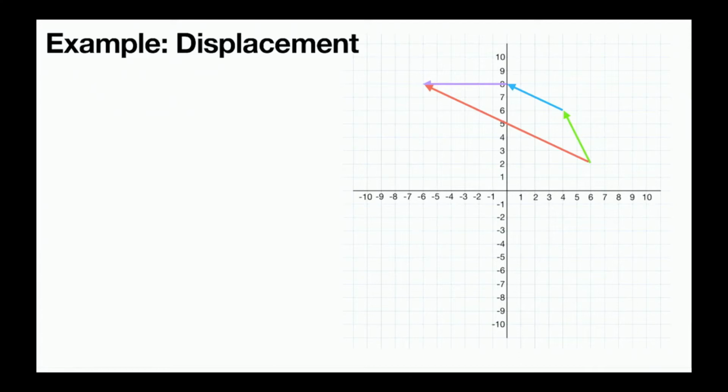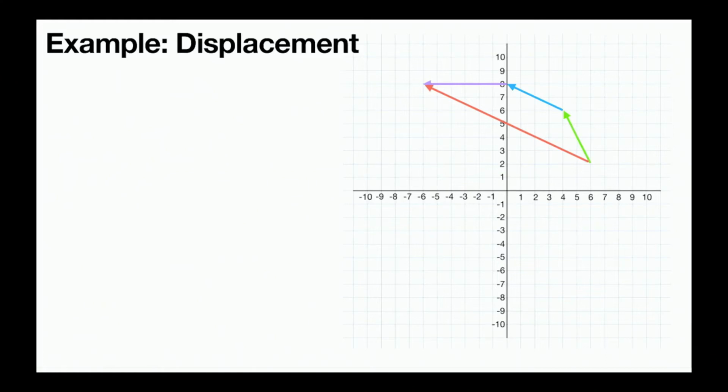One use for adding and subtracting vectors would be to find an object's displacement. So let's look at a situation where we have an object that moved three different times, and we want to find the resultant of that.